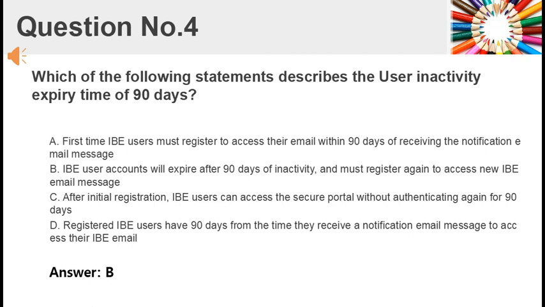C. After initial registration, IBE users can access the secure portal without authenticating again for 90 days. D. Registered IBE users have 90 days from the time they receive a notification email message to access their IBE email. Answer: B.